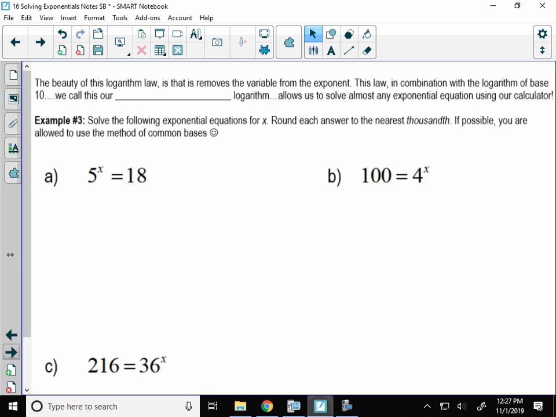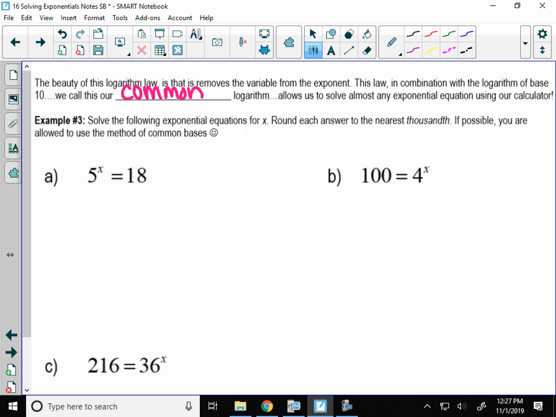So what is the log with a base of 10? Common log. So we're going to use just the common log for now. So this guy, this common log, because he's common to everybody, can work no matter what the number. So let's try a couple of these here. So in A, can I find a common base between 5 and 18? No, so I have to use logarithms. We're going to do the same thing.